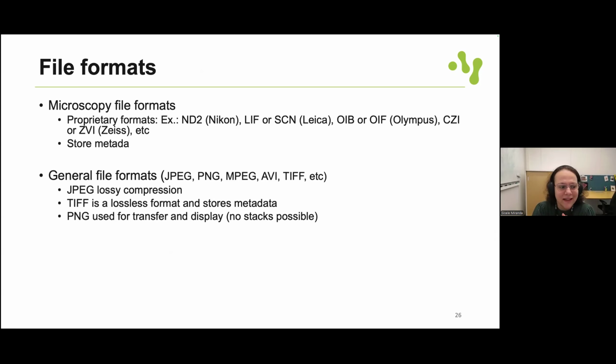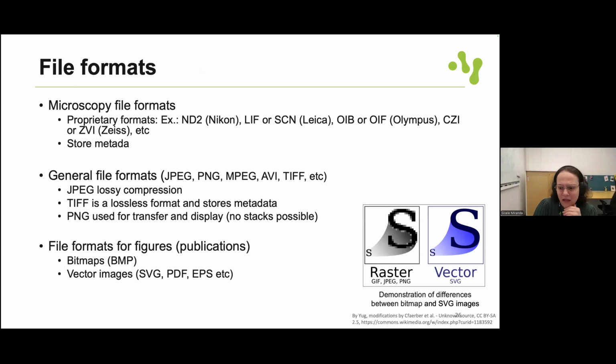But here, the recommendation is, JPEG is lossy compression, right? So we lose information if we export to JPEG, so we never use JPEG for image analysis. TIFF is the recommended format if you need to export because it's a lossless format. It can also represent stacks. And PNG we usually use to transfer or display data. We don't have stacks in PNGs as well.